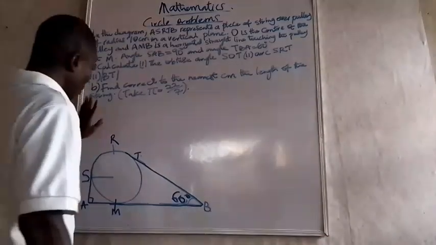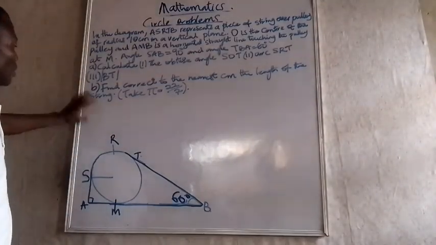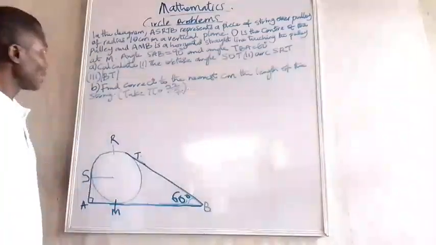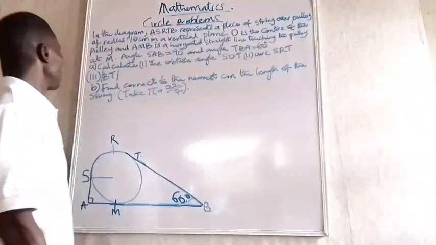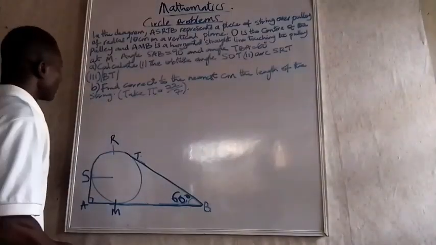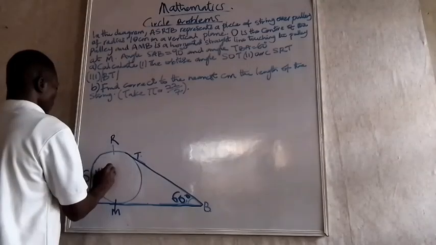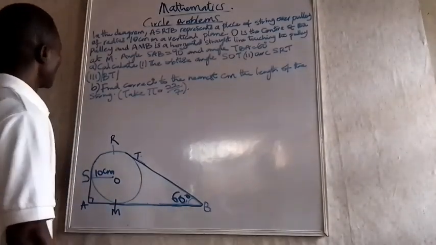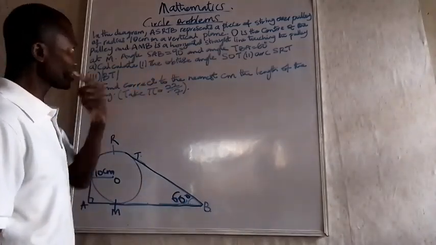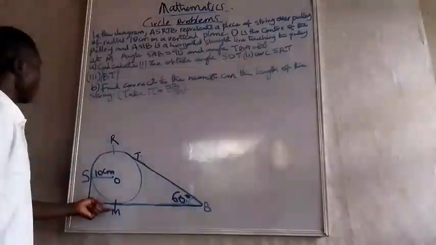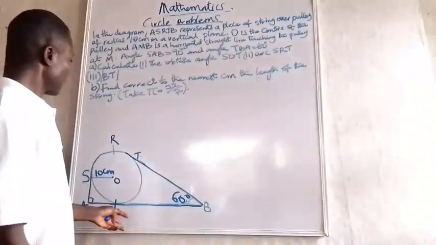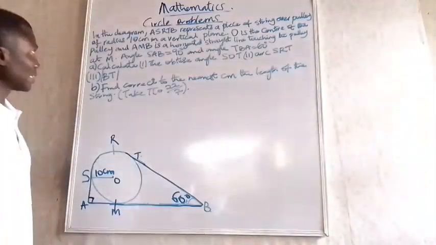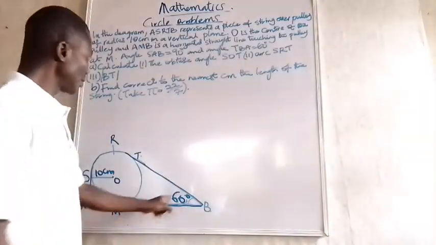So please, I need your attention on this one because of the diagram. In the diagram, ASRTB represents a piece of string over a pulley of radius 10 cm in a vertical plane. O is the center of the pulley, and AMB is a horizontal straight line touching the pulley at M. Angle SAB is 90 degrees, and the angle TBA is 60 degrees.